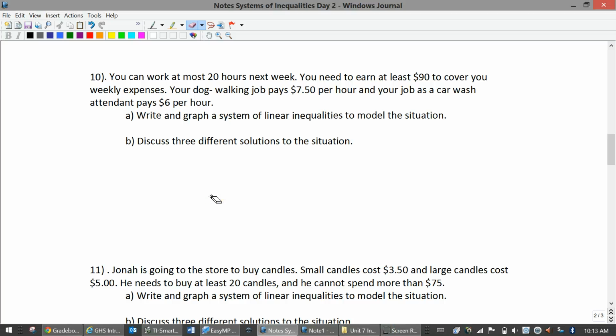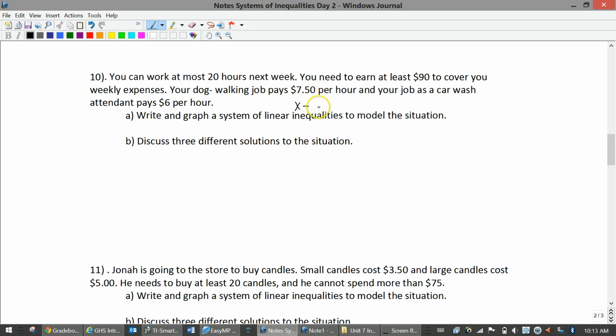All right, guys, you find out that there's two different scenarios in this problem. You get paid by walking dogs, and you get paid by washing cars. Okay, and it depends how many hours you work for both of those. That will depend on how much money you make, and how many hours you end up spending. Okay, those are our two variables.